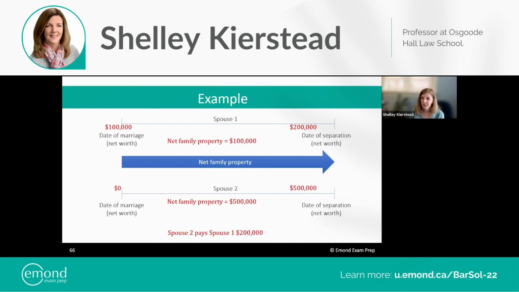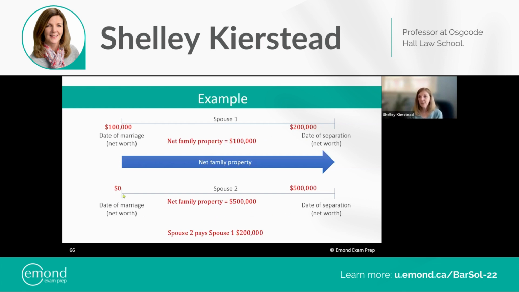So to give you an easy example, let's say spouse one on the date of marriage had assets with a net worth of $100,000. As of the date of separation, it's $200,000. So their net family property, the amount they need to share, is $100,000. So the 200 minus their date of marriage net worth.